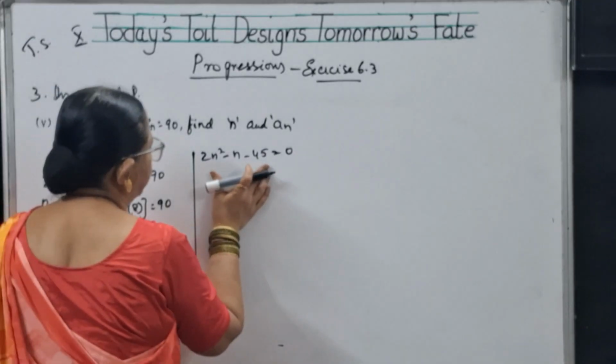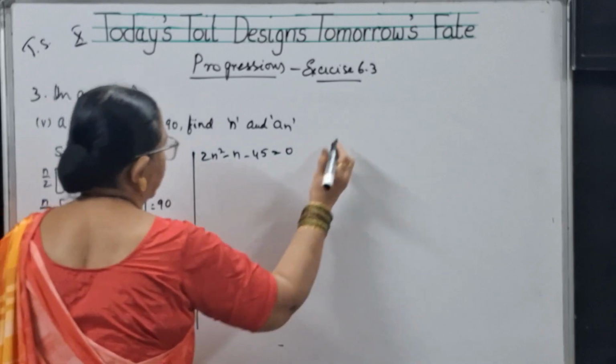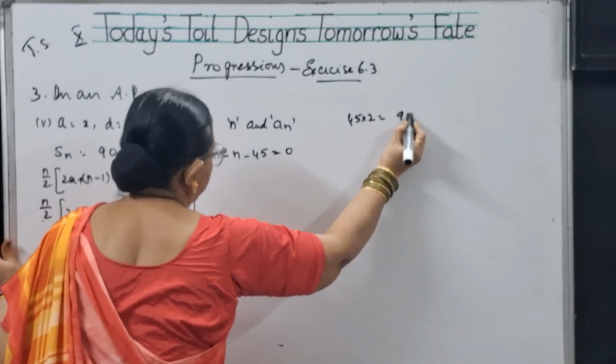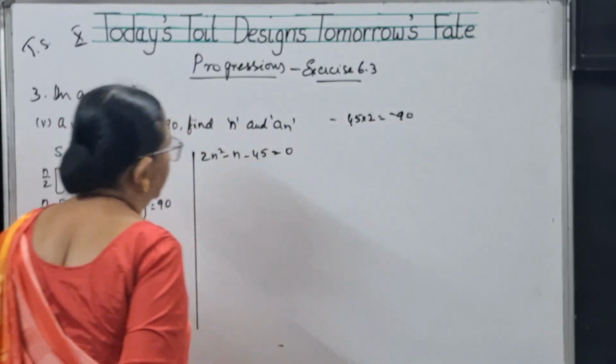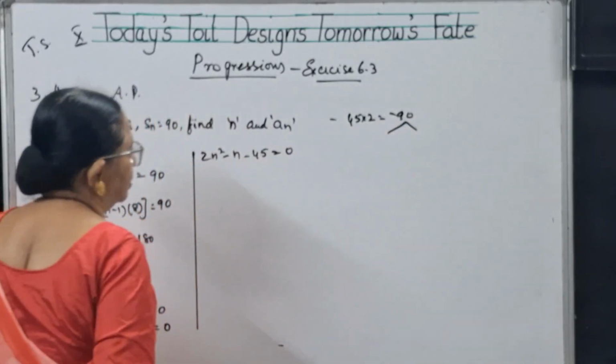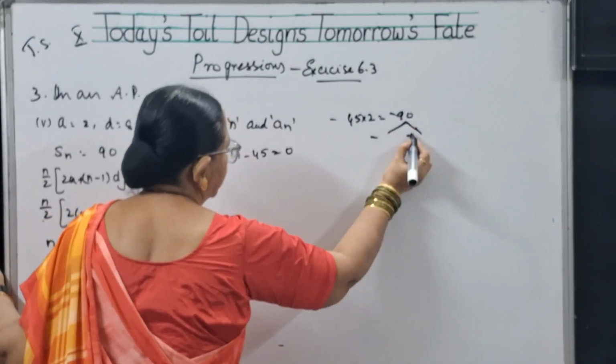Here I have to split the middle term. 45 into 2 is 90, and 45 is having a minus sign, so minus 90. I should have two terms, one minus and one plus, because the product should be minus.